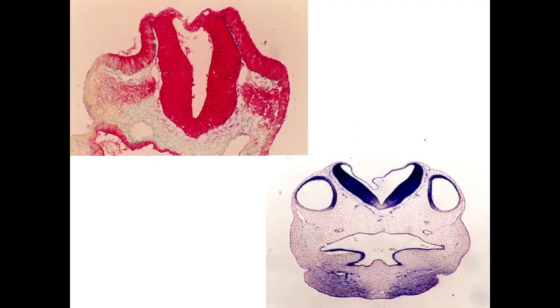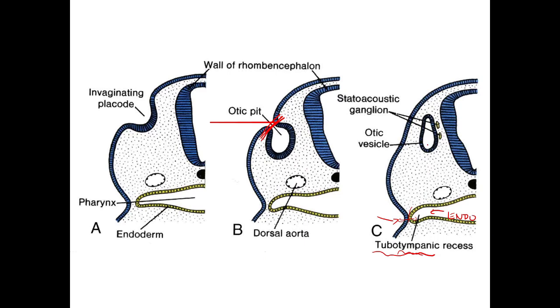It's also the same. We created the lens this way, but now we are creating the inner ear. Some structures are going to form from this otic vesicle, but there is another structure called the statoacoustic ganglion, or vestibulocochlear ganglion, which is also going to form from this ectoderm.